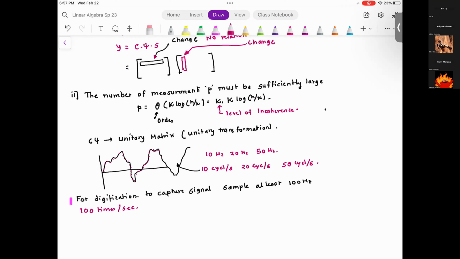Now, when we are thinking about the compressed sensing, this problem is formulated in a slightly different fashion. And this is something called the Nyquist criteria, or also called Shannon's sampling theorem.